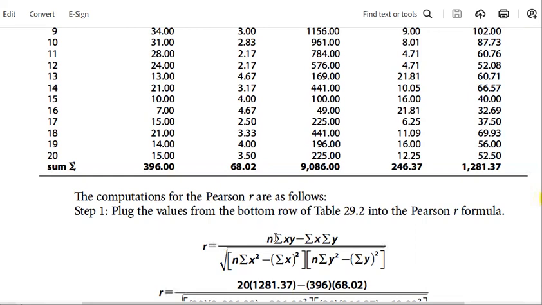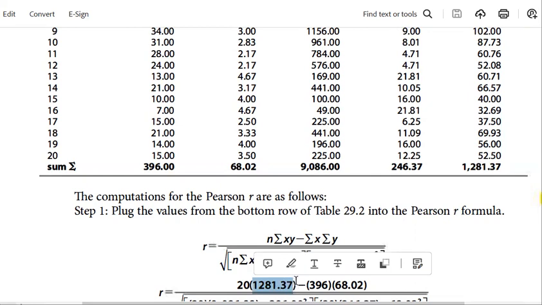So let's start with the numerator. The numerator is n times the sum of the cross product, x times y, minus the sum of x times the sum of y. So let's look at that numerator. Here we have n is 20. The sum of the cross product is 1,281.37. You see how that's inserted here.